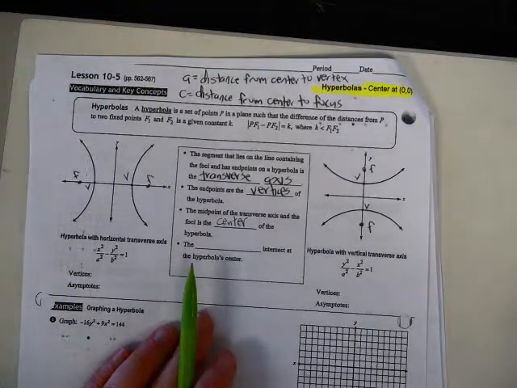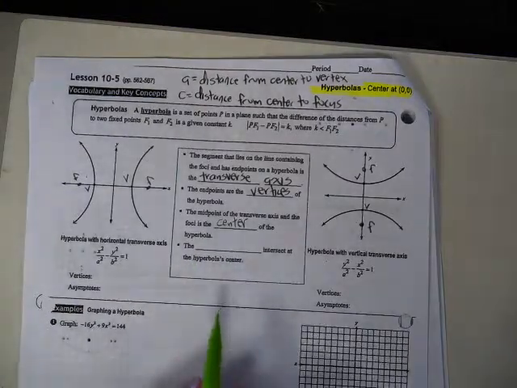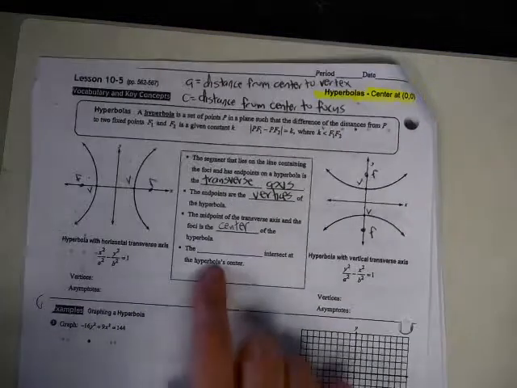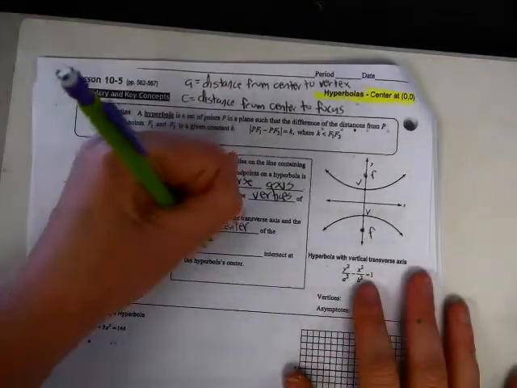And the last one is the blank that intersects at the hyperbola center. Now, what we're going to put here is the asymptotes.